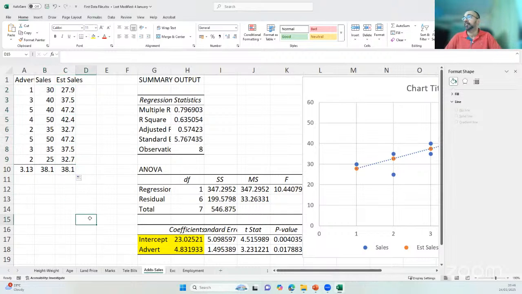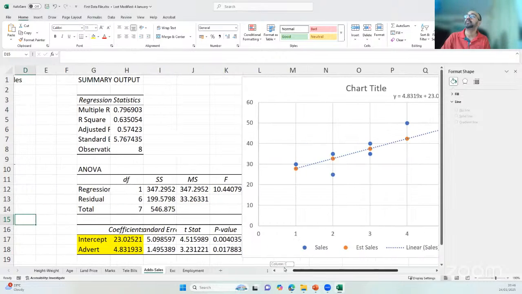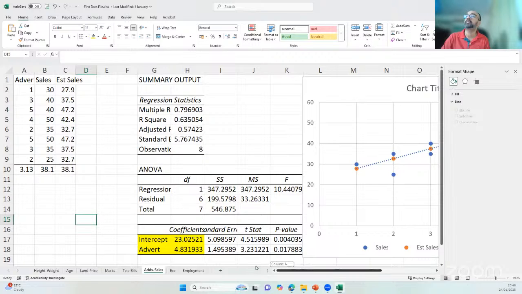Okay, that you can see. So that happens. Because the average of both are the same, which means they are somewhere here, that is 3.13 and 38.1.